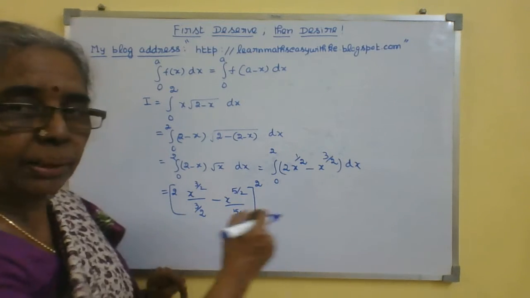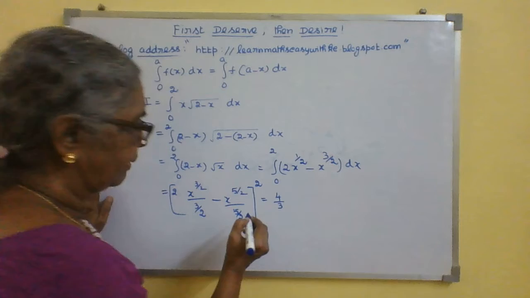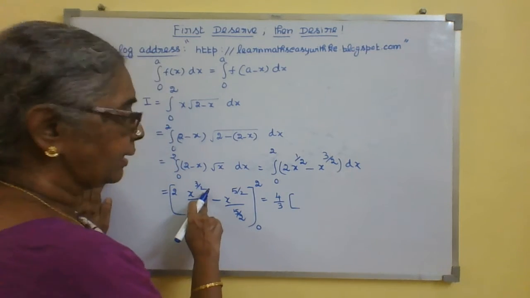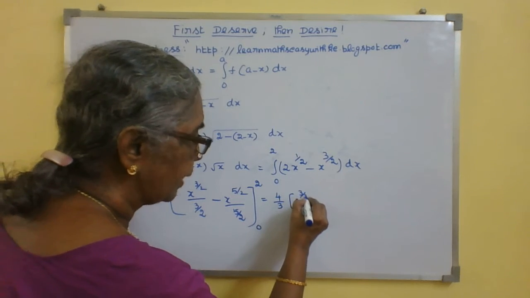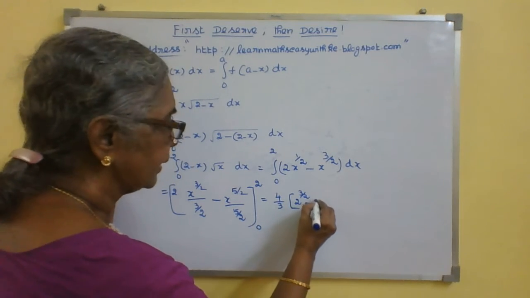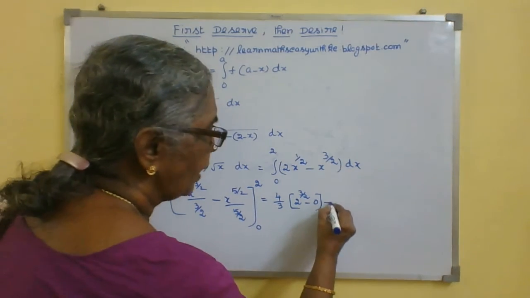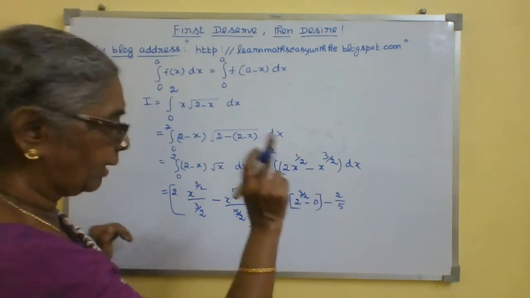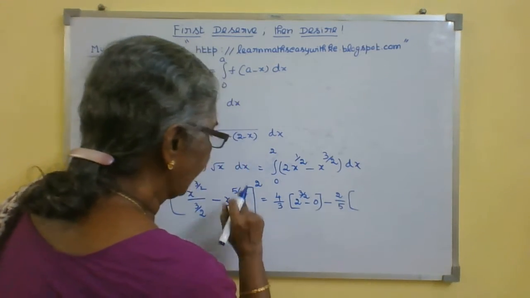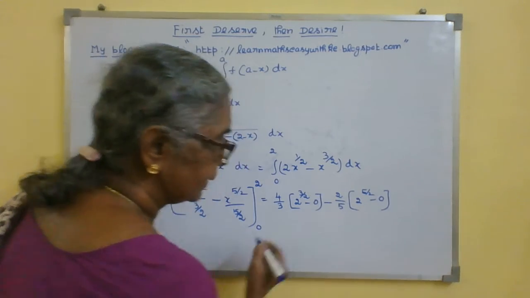This 3 by 2 you have to reciprocate. Then x power 3 by 2, so for that I will be getting 2 power 3 by 2 minus 0. So that first term I have finished substituting the limits. Coming to the second term, 2 by 5. This 5 by 2 you will reciprocate, you will get 2 by 5. Then for x power 5 by 2 I will be getting 2 power 5 by 2 minus 0.